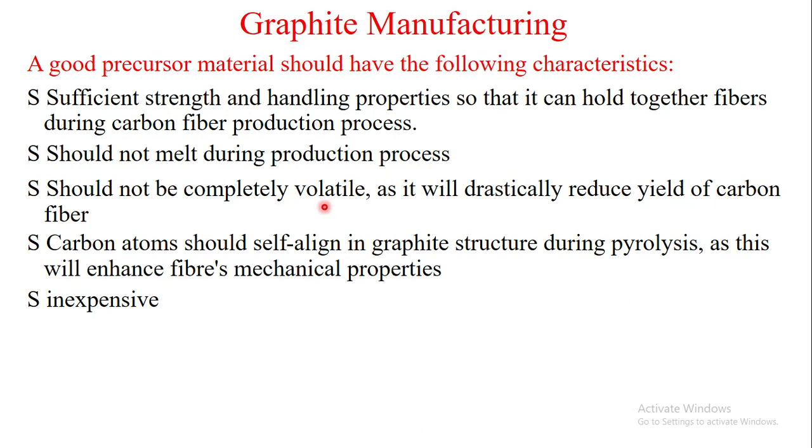It should not be completely volatile, as that would dramatically reduce the yield of carbon fiber. Carbon atoms should self-align in a graphite structure during pyrolysis, during decomposition. It should also be an inexpensive process.